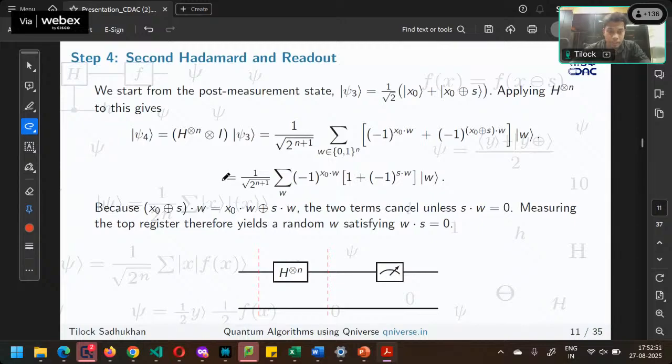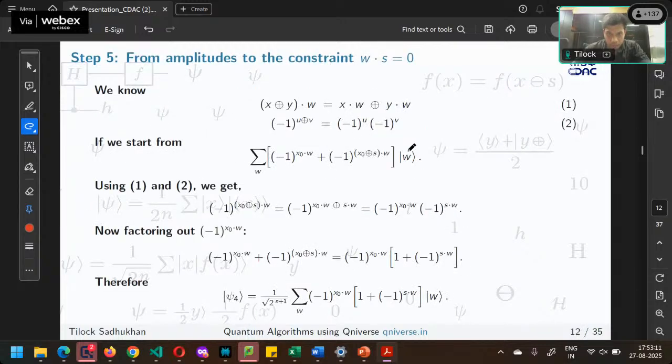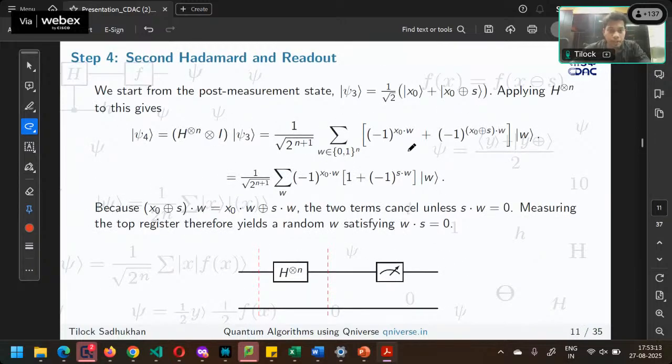What it does is create again an equal superposition of all the possible states, as we already know that the Hadamard creates an equal superposition. If we try to write it mathematically, how the state will look is basically, this will look like nothing.